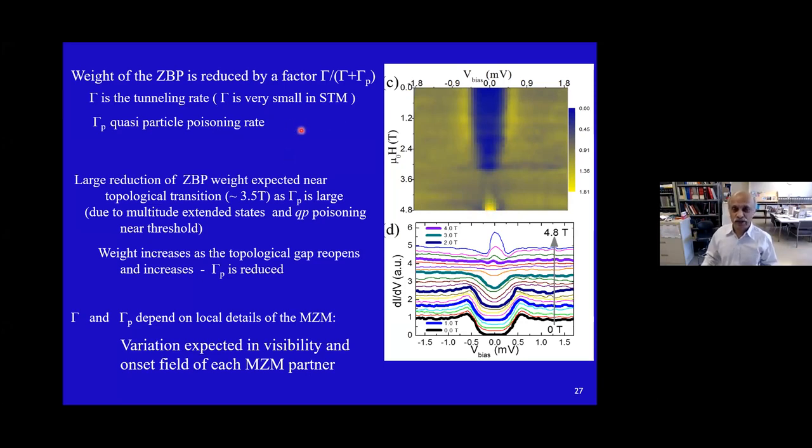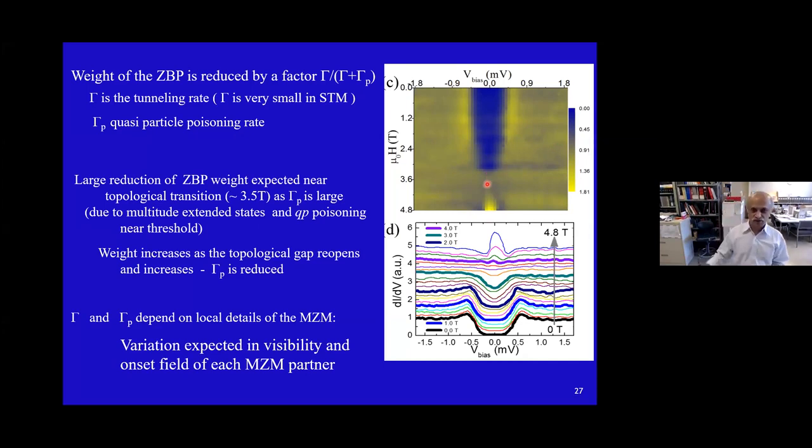Why we see this slight variation in positions 1 and 8, one can easily understand, because the weightage of this peak depends on the factor gamma over gamma plus gamma p, where gamma is the typical tunneling rate used in STM, which is very small for the STM, and gamma p is the quasi-particle poisoning rate. This is quite expected, especially very close to the region where the gap closes.